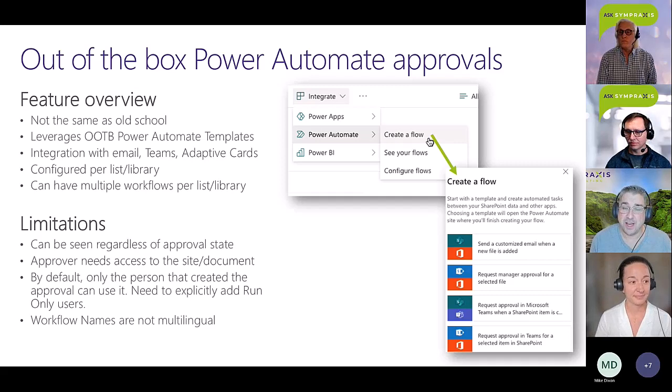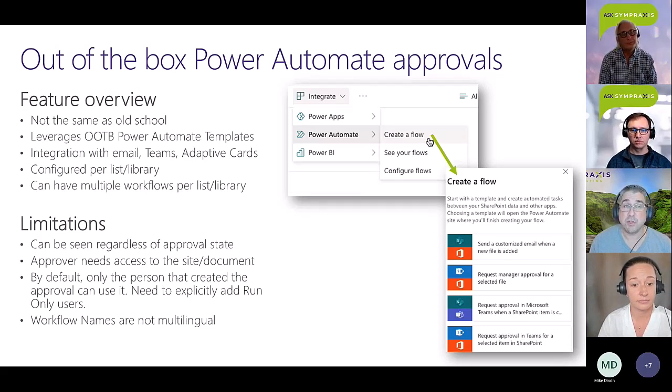So there's a whole bunch of different ideas here and templates that you can use. You can notify in Teams when an item is created. You can request an approval in Teams when an item is selected. And that's really good because you get a breadth of choices for how you want your workflow to go. It integrates with email, it integrates with Teams, it integrates with adaptive cards.